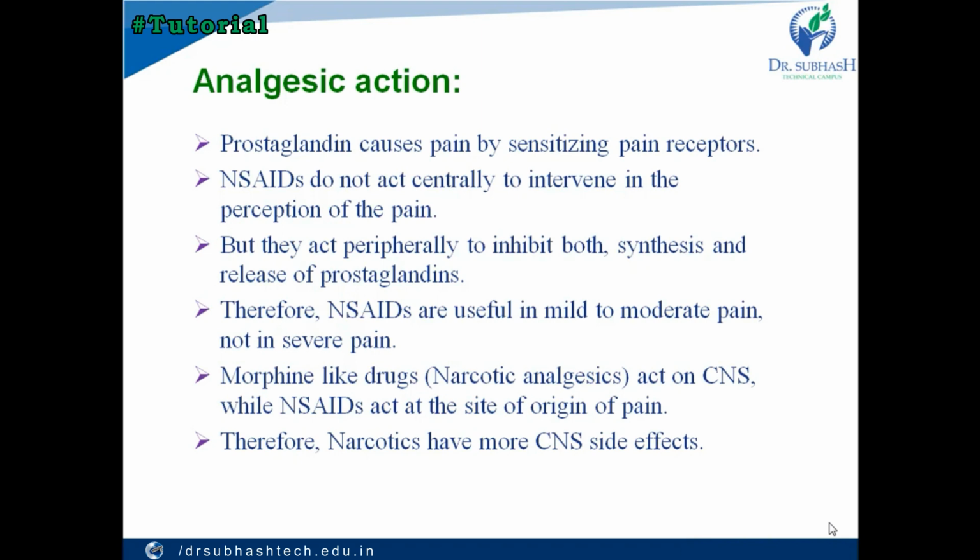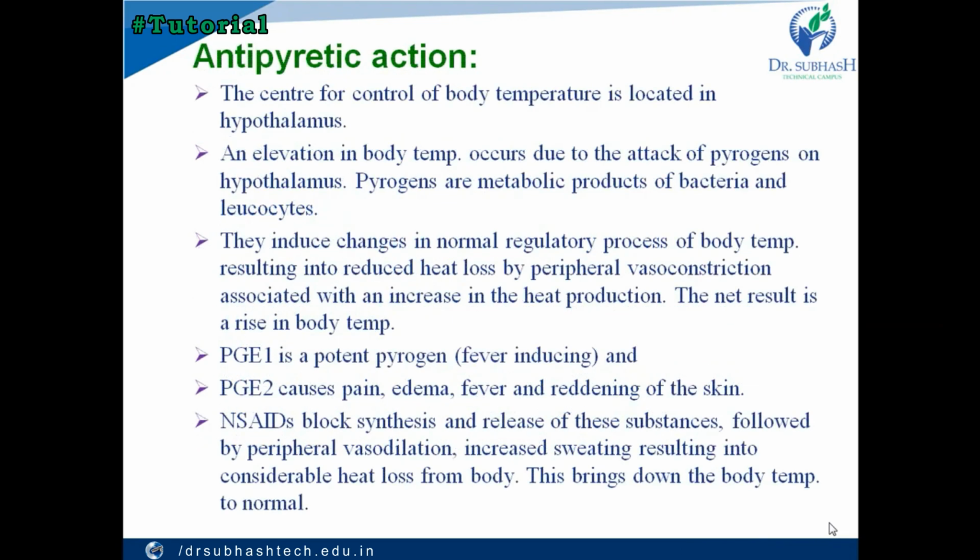So NSAIDs are useful in mild to moderate pain only. They are not used in severe pain because they do not block pain receptors centrally. While narcotics like morphine act on the CNS, they block pain sensation centrally, so they are used in severe pain. That's why narcotics have more CNS side effects, and NSAIDs do not.